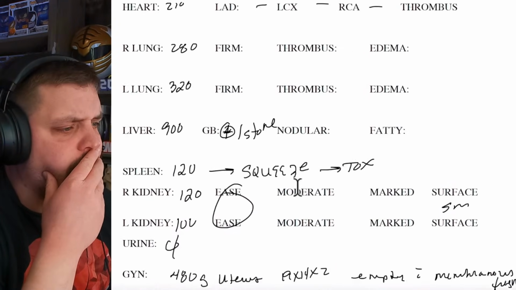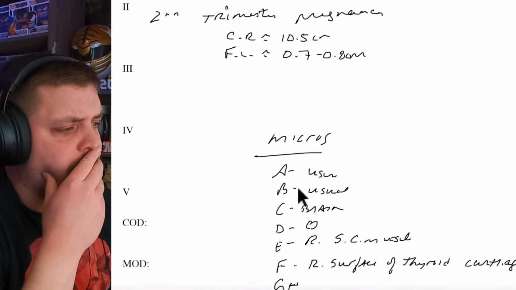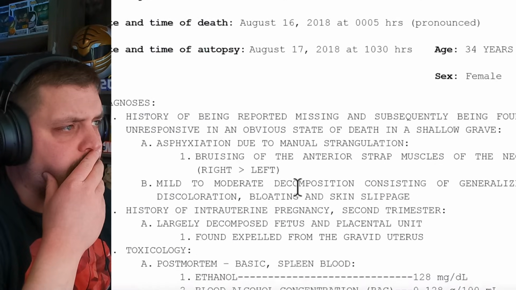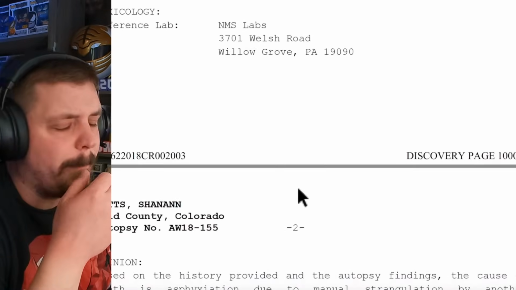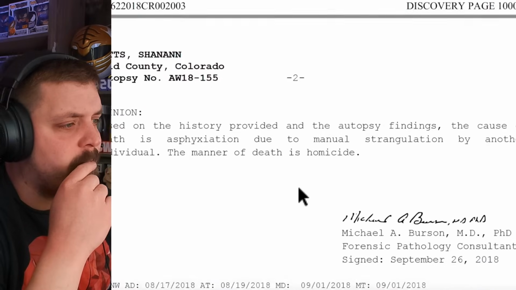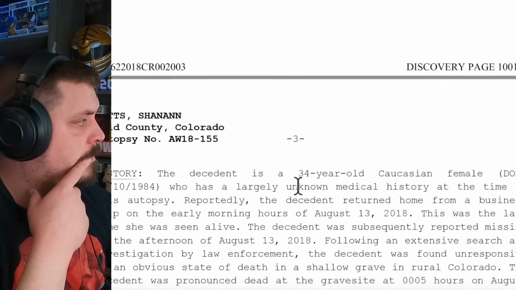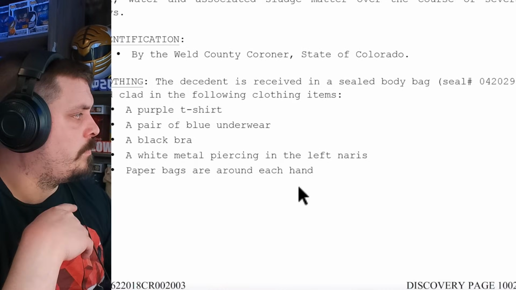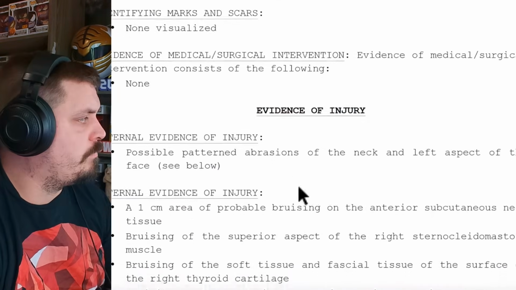Also, other creators have examined why in Shanann's autopsy there's no indication of the scar on her neck. She had neck surgery. Some people have said, why is that not in the autopsy? On the external examination it isn't mentioned, but you've got to remember that there was considerable skin slippage and damage, so perhaps that's why it wasn't mentioned.